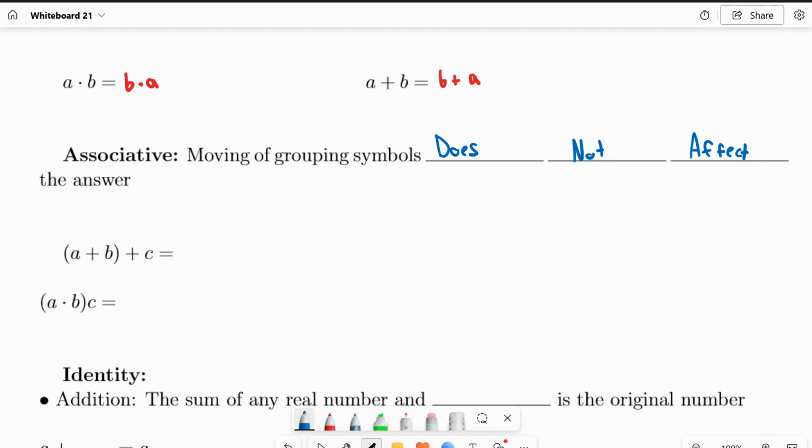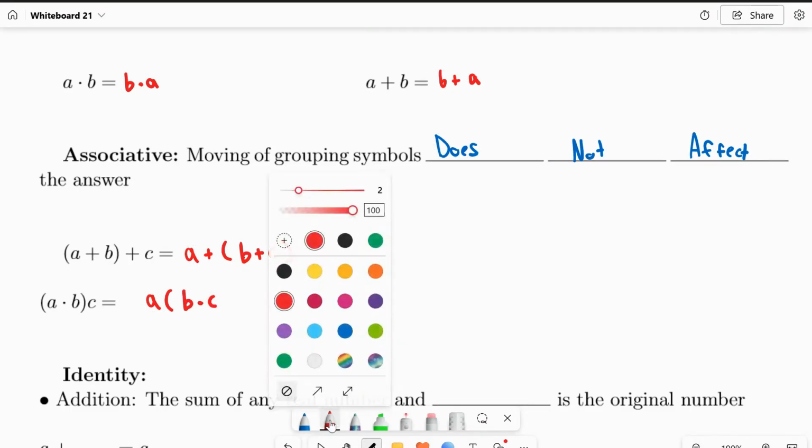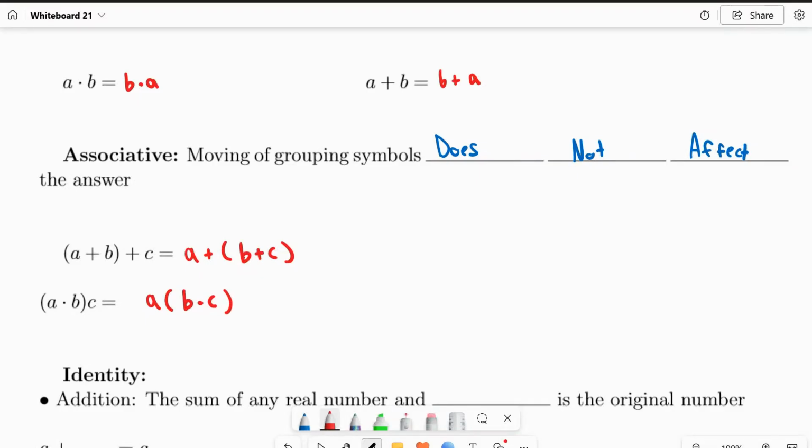So if I have (A plus B) plus C, I would get the same result if I moved my parentheses to be A plus (B plus C). The order that you add or multiply does not matter. Similarly with the next one, if I did the same thing, (A times B) times C, I would get the same result no matter where my parentheses are.